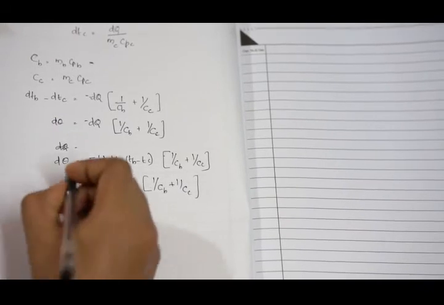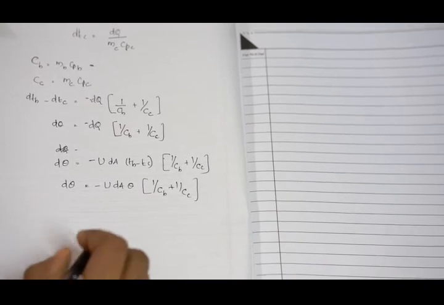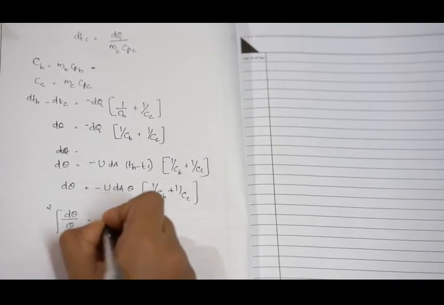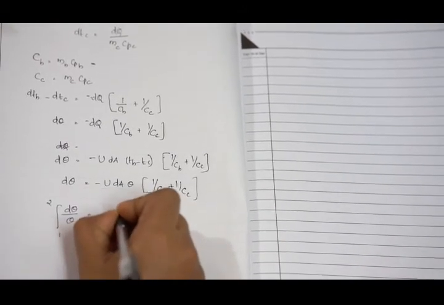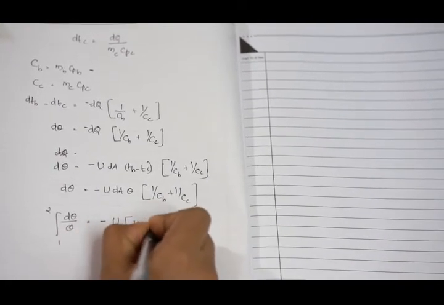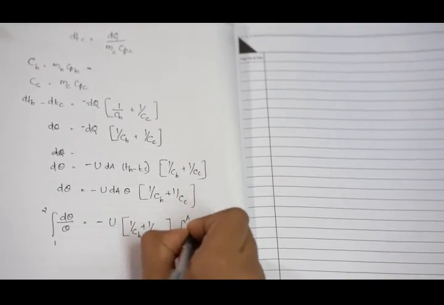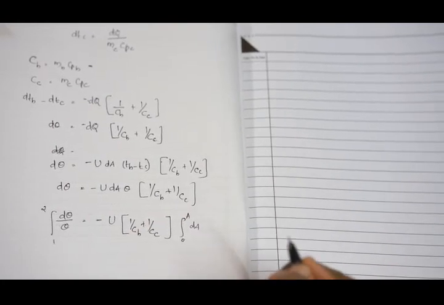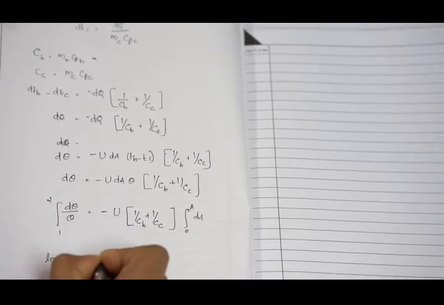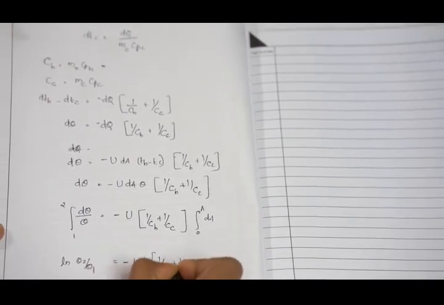Then rearranging the above equation and integrating, we get the integral of d theta by theta from 1 to 2 is equal to minus U into (1 by Ch plus 1 by Cc) into the integral from 0 to A of dA. So the final equation on integrating becomes ln of theta 2 by theta 1 is equal to minus U A into (1 by Ch plus 1 by Cc).